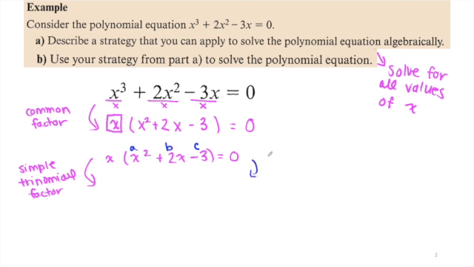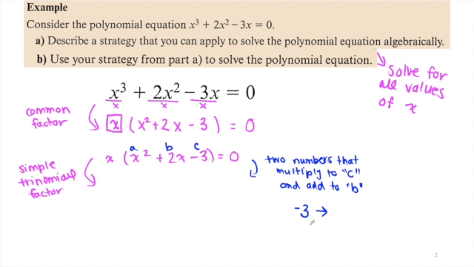So two numbers that multiply to C and add to B. We're looking for two numbers that multiply to negative 3, and then we want them to add to B. So you're going to look at your multiples of negative 3. You either have 1 and negative 3, or you have negative 1 and positive 3.